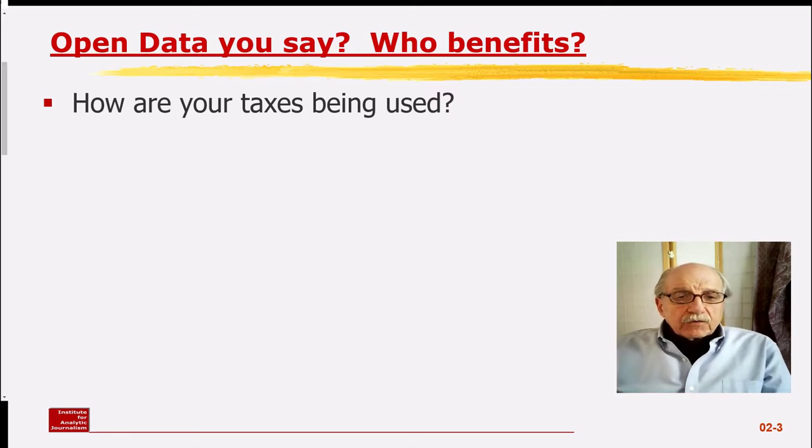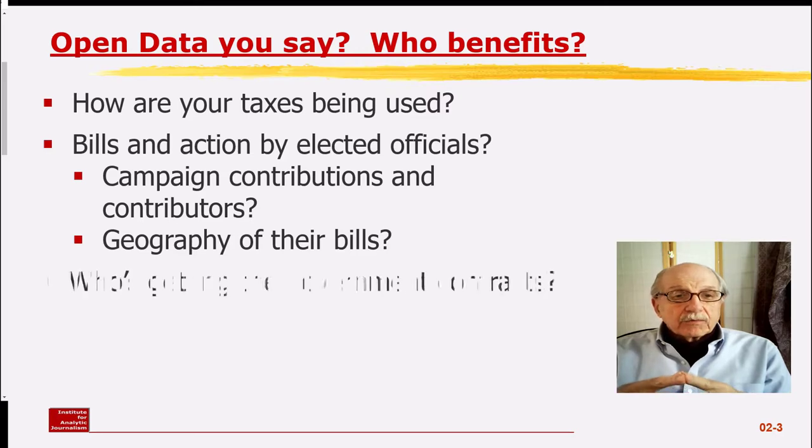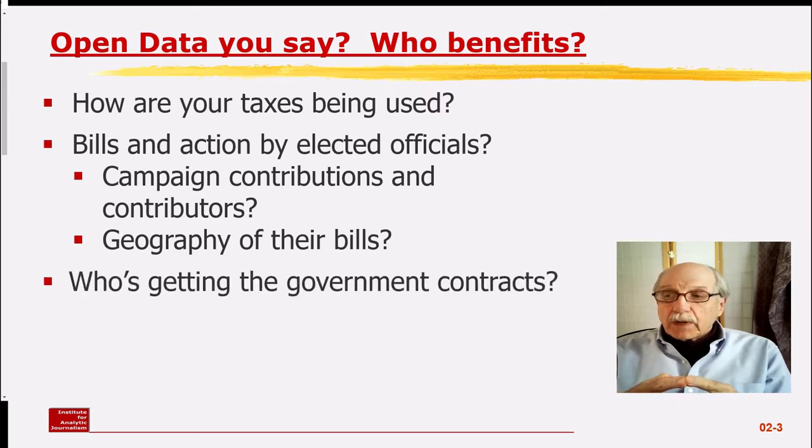All of those factors tie to which elected officials are sponsoring which bills that relate to the geography of your state or their districts, factors you might find of interest when making decisions in the ballot box. If you are curious about who's getting the contracts to do what from your governments, you can answer those questions by tapping open data.